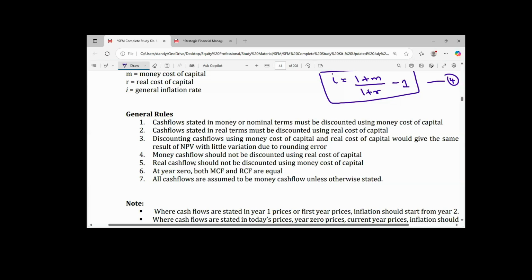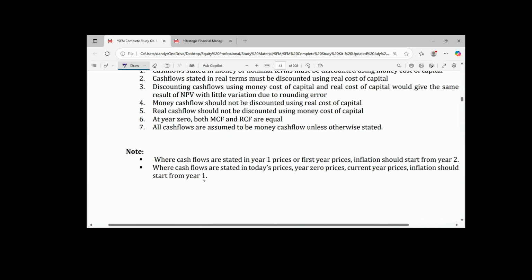But most importantly, when cash flows are stated in year 1 prices or first year prices, inflation should start from year 2. Okay, I repeat, when cash flows are stated in year 1 prices or first year prices, inflation should start from year 2.